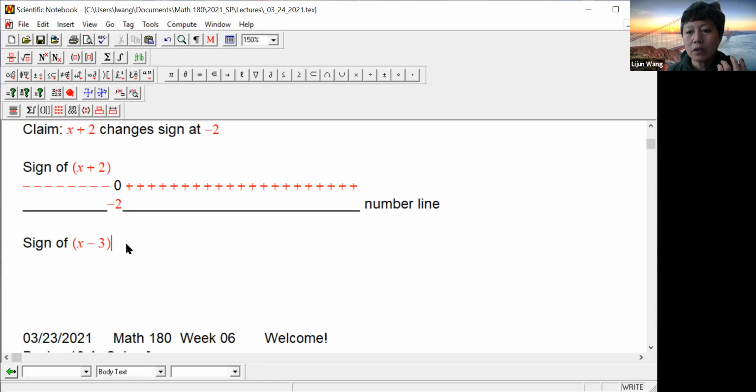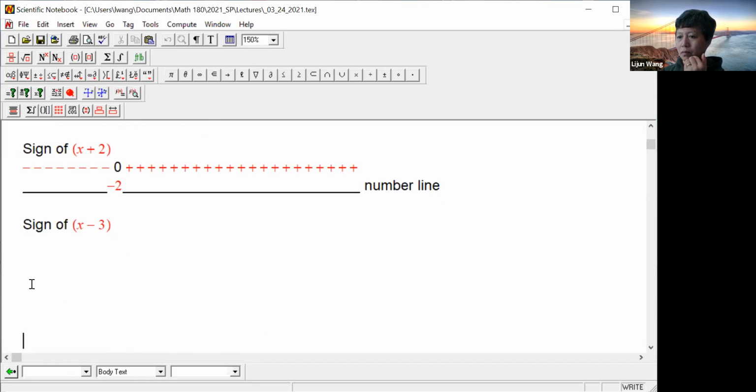So now you start to figure out when x minus 3 is positive, when x minus 3 is negative, and when x minus 3 is 0. Which one do you want to figure out first? You want to figure out when it is 0 first, isn't it? You start to figure out these patterns because it's easy to figure out when x minus 3 is 0, yeah? Now, can you draw a similar picture for x minus 3? Number line.